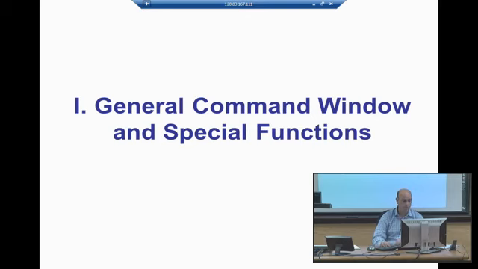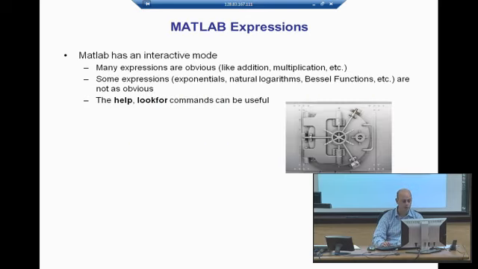So we're going to start out by talking about the general command window and special functions. Like what we talked about, Matlab has this interactive mode or command window where it stores all the variables, and we saw that. We would create a variable, store it in there, and we could reuse it later on unless I cleared the variable or closed out of Matlab, in which case it would get rid of those variables. Otherwise, they're stored in there.